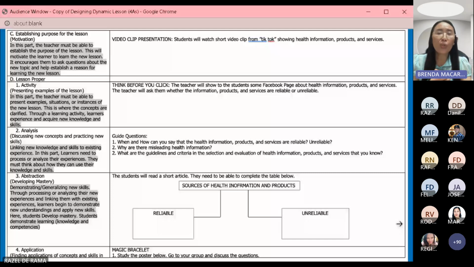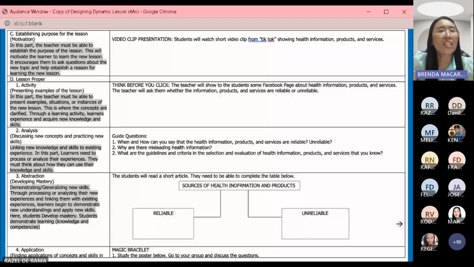Why do they need to know about this? Yung pinakita mo. And then, dun ka magbi-build, magko-construct nung purpose mo with the given answers of the students. So we establish the purpose of the lessons with the use of the given answers of our students.